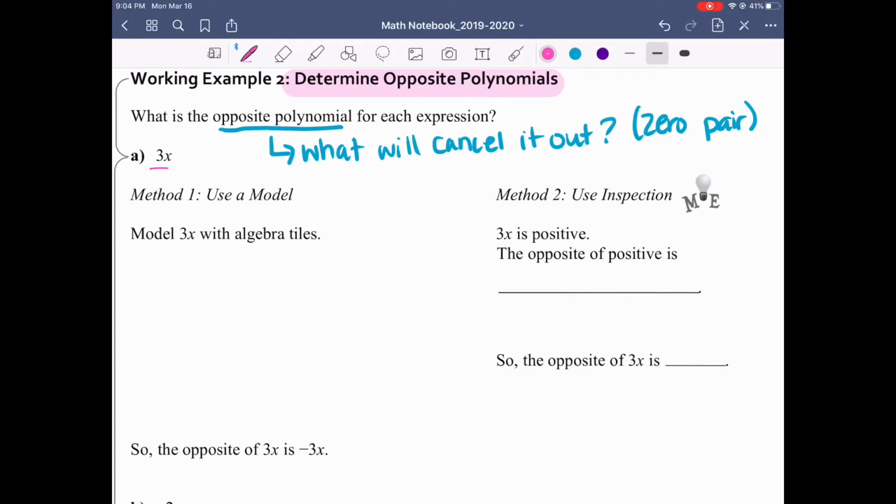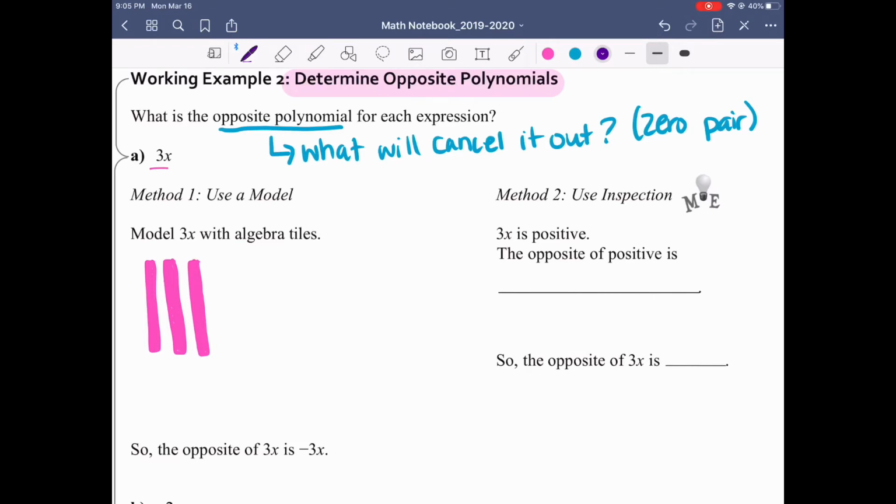So I'm going to model 3x with my algebra tiles. I have 1, and I'm filling it in because it's positive. 2, filling it in because it's positive. And 3, filling it in because it's positive. So we have 3 positive x tiles. And so we're going to keep adding negative tiles to make it a zero pair.